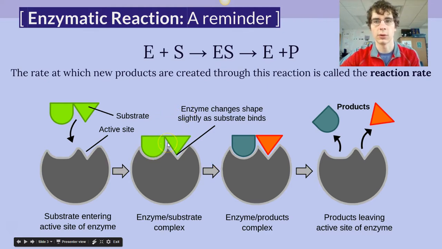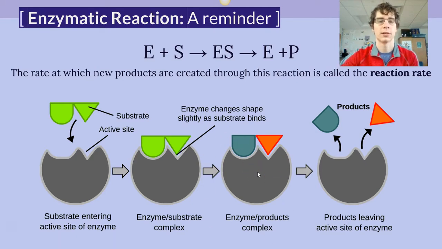The substrate will undergo a reaction, and the product or products will get released. The whole process is an enzymatic reaction, and the rate at which new products are formed is the reaction rate. So we know substrate binds at the active site to the enzyme, a reaction occurs, and the products get released. That is our enzymatic reaction, and today we're going to be talking a lot about the reaction rate.